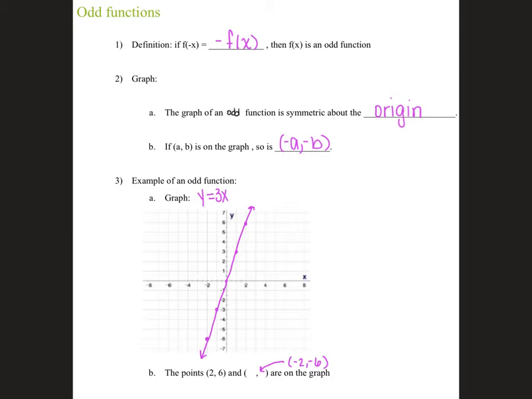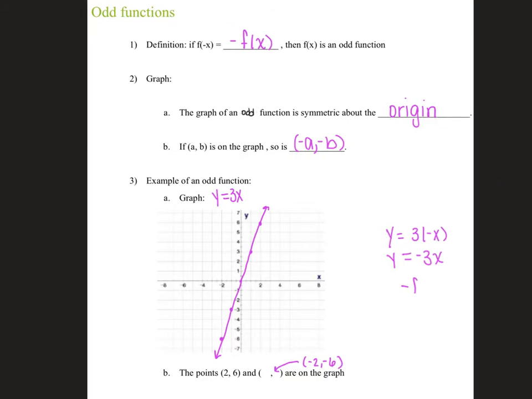Now we can also test this out algebraically. If we plug in a negative x for our x here, we end up with negative 3x, which is negative f of x. So that's telling us that this is going to be an odd function. If there were more terms, they would all need to be opposite as well, opposite sign.